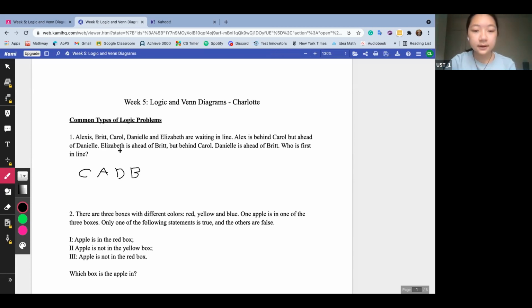Now we just have to find where Elizabeth is. Elizabeth is ahead of Britt, but behind Carol, so she's in the middle here. Let's just say she's here. So that means Carol will be first.